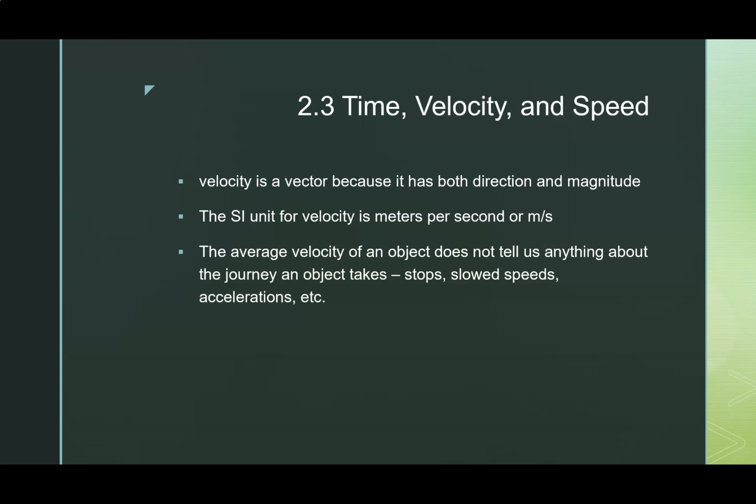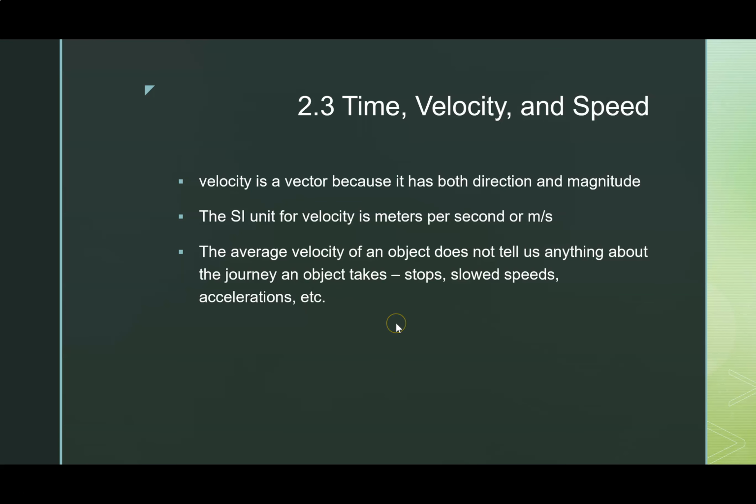The average velocity of an object isn't really going to tell us anything about the overall trip. It's just going to tell us how long it took. So in order to analyze motion a little bit closer, we're going to look at velocity time graphs, and we're going to see how the overall motion of an object may be different than the average that we're simplifying it to.